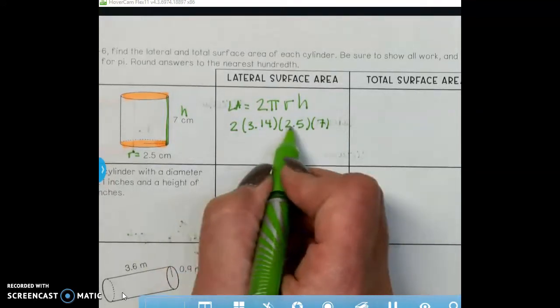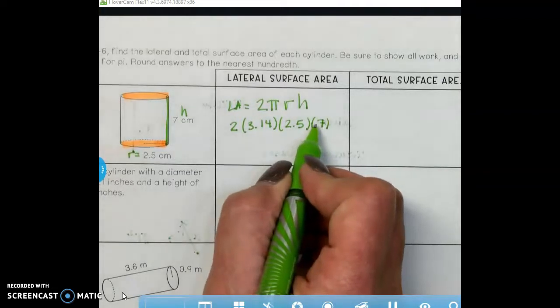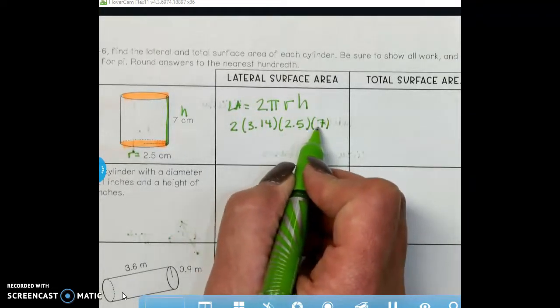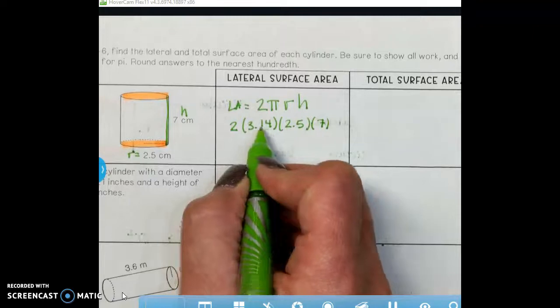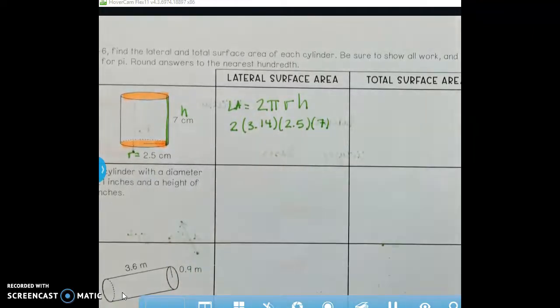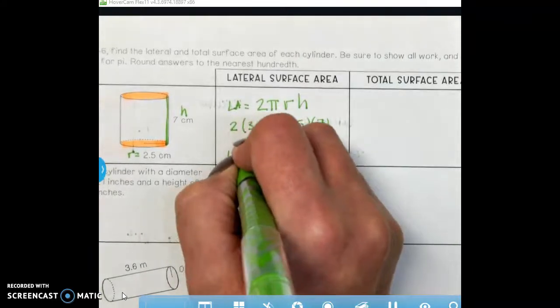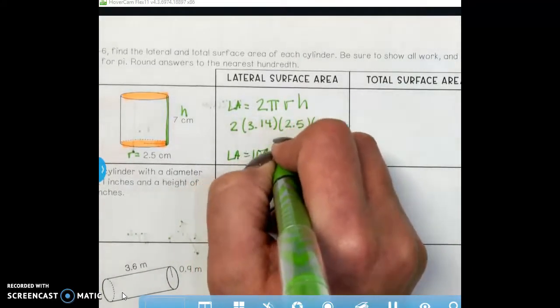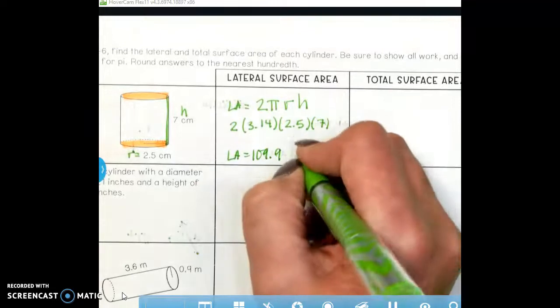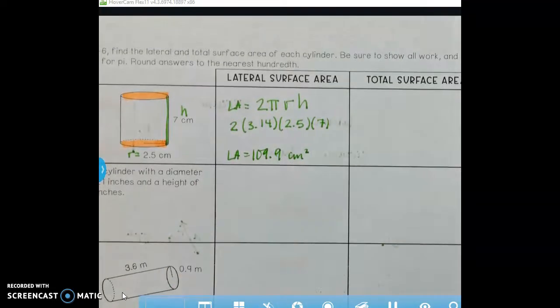You could say 2 times 2.5 is 5. 5 times 7 is 35. 35 times pi. That could be the one that you truly do the calculation for. And so lateral area would be 109 and 9/10 square centimeters.